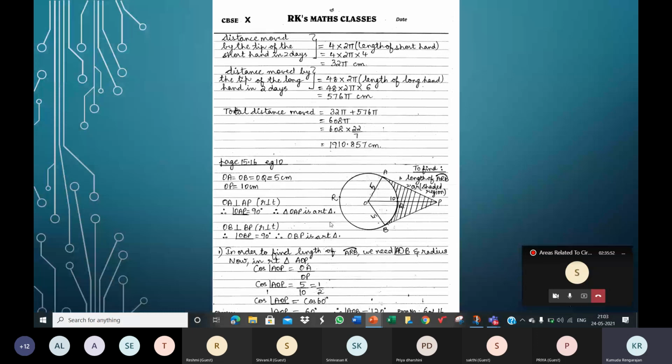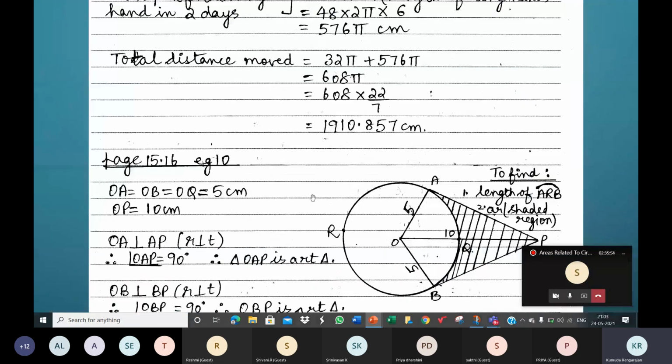With respect to this, I found the area of this triangle AOP, half base into height, base AO, height AP, not OP, children. OP is the hypotenuse. This is the right angle. You can take AP as the base and AO as the height, or AO as the base and AP as the height.